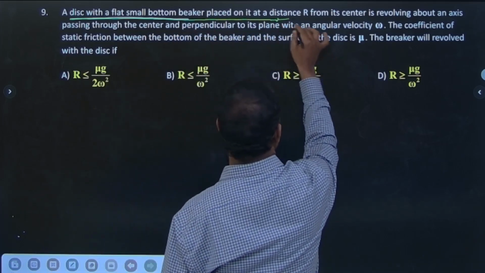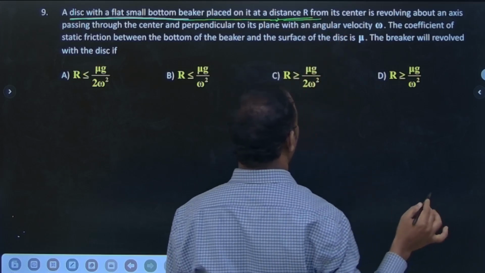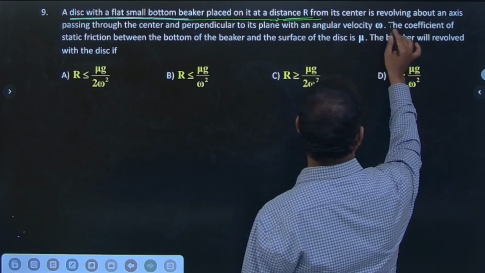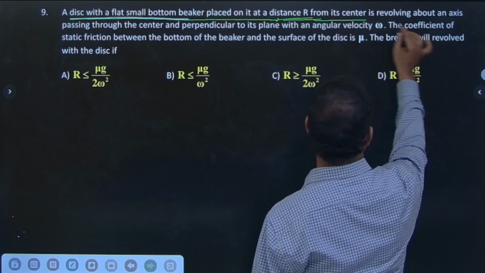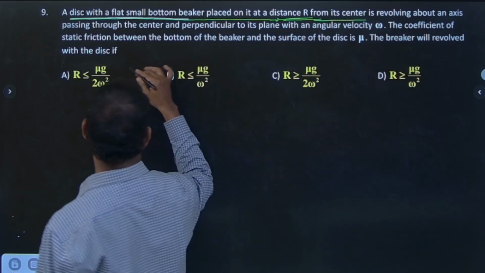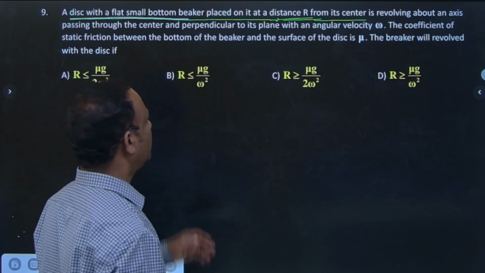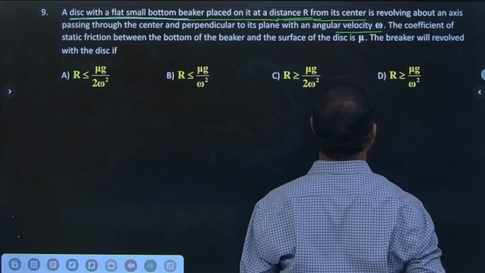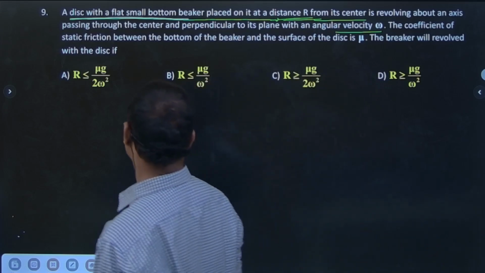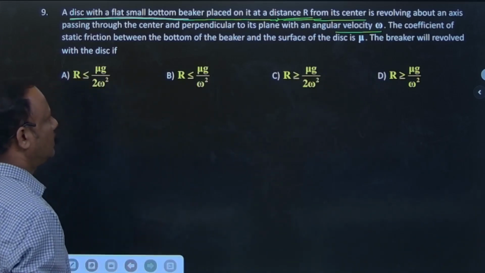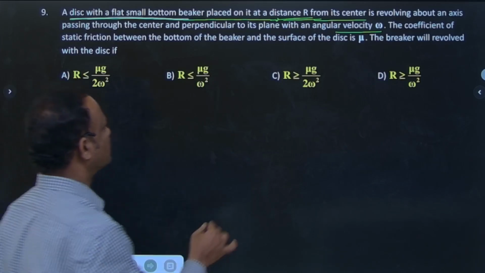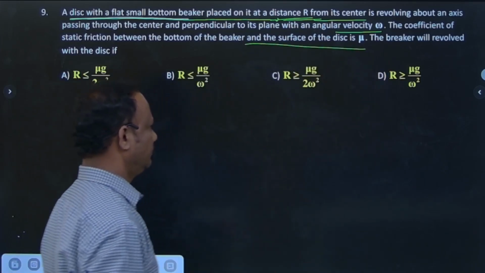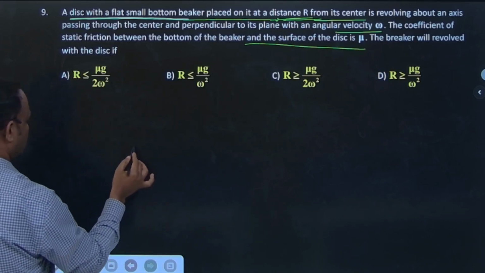R is not the radius, it is the distance from the beaker to the center. The disc is revolving about its axis, perpendicular to the plane, and the angular velocity is given as omega. The coefficient of static friction between the bottom of the beaker and the surface of the disc is given. So this is the disc.